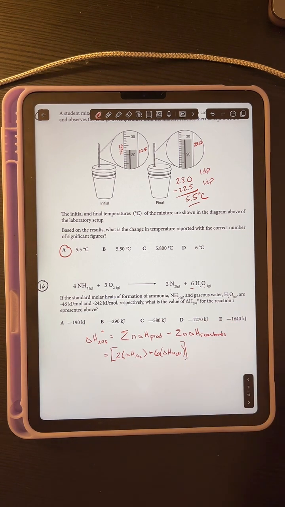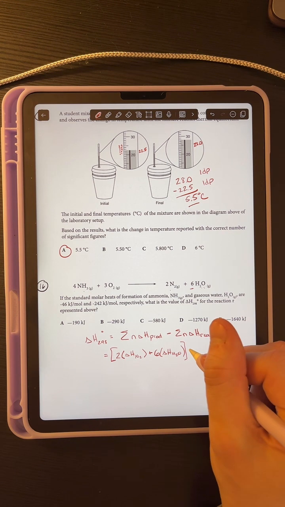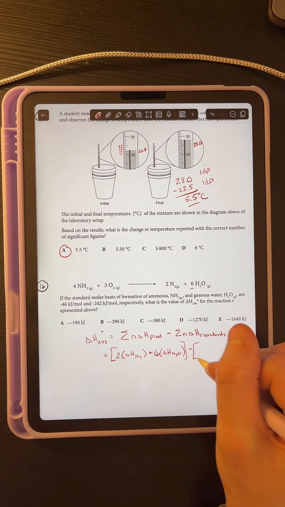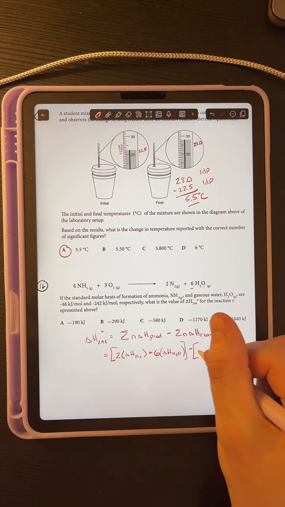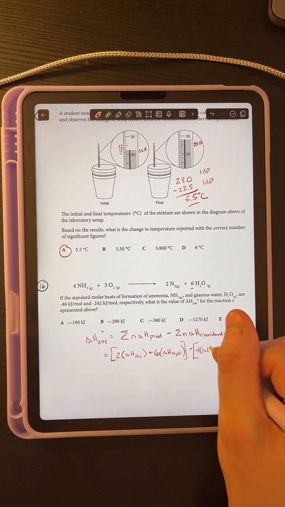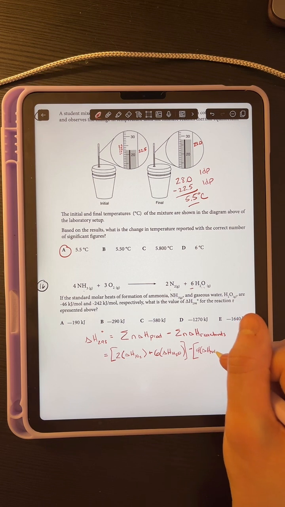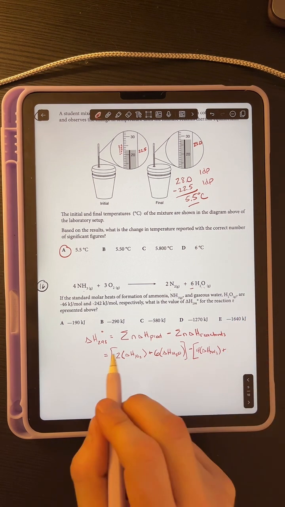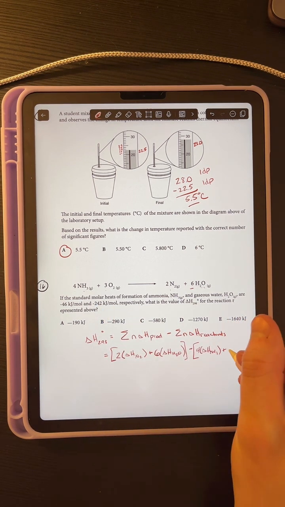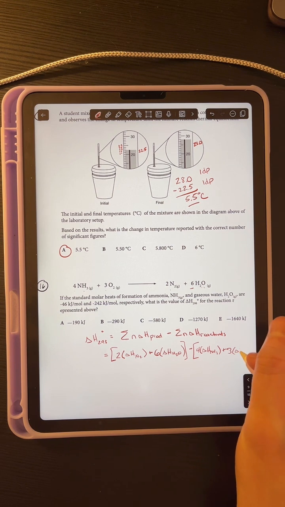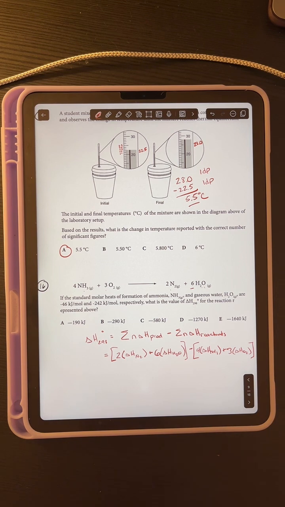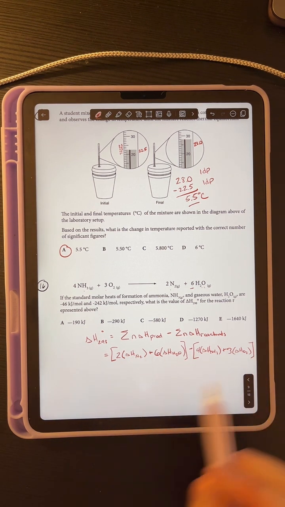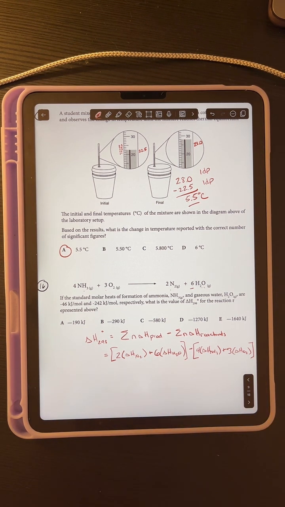And those are our products. Then we'll subtract from that the 4 NH3s, so 4 times the delta H of NH3, plus that sum of our reactants, 3 times the delta H of our O2. Perfect. So it's this big, long equation here. It's going to get simplified. Don't you worry.